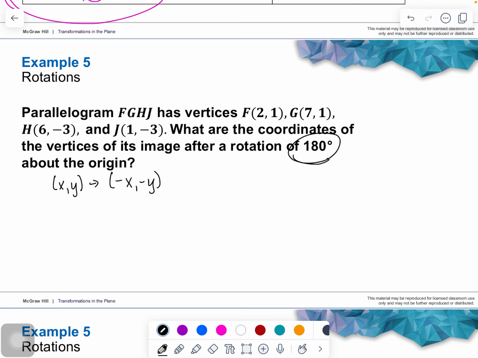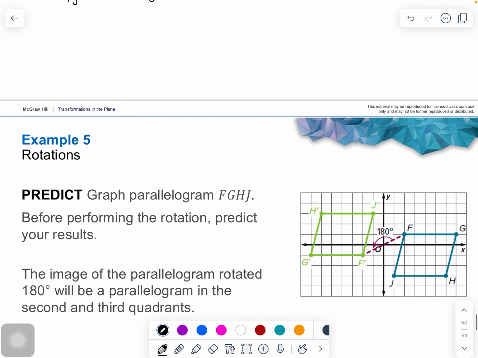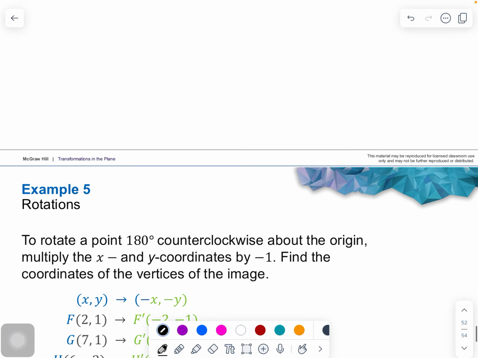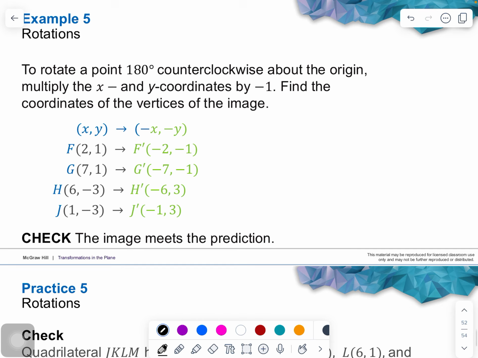You're going to go (-2, -1), (-2, -1), (-6, 3), (-1, 3), and that will be all of our primes. There we go, all done. Let's see how it goes. There they are. Beautiful.